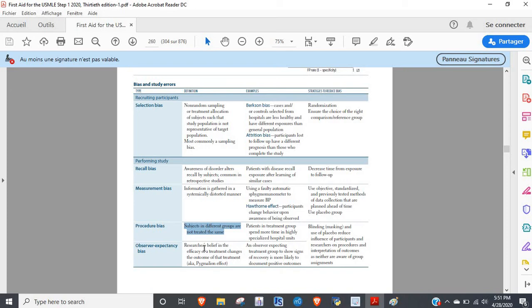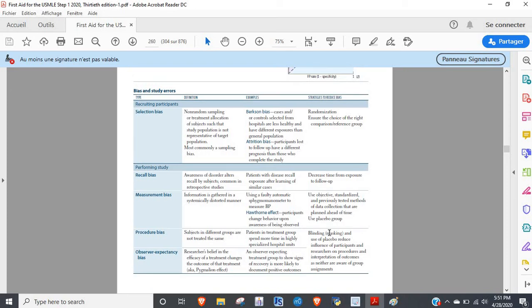You expect one thing, so you do things to ensure that that happens. When you're convinced of something, you'll act in a way to reinforce your own belief. And that actually does happen, and it messes up the validity of experiments. So make sure you are properly blinded and that you use placebos.